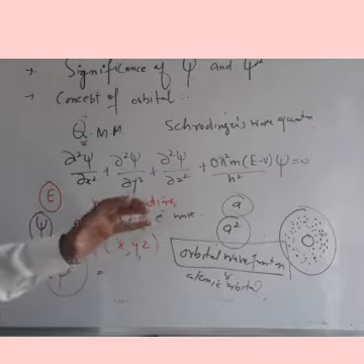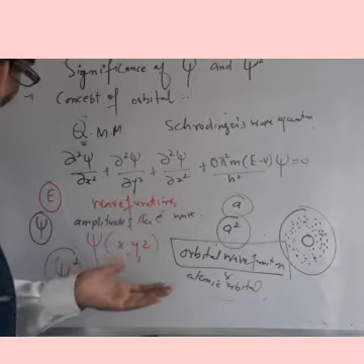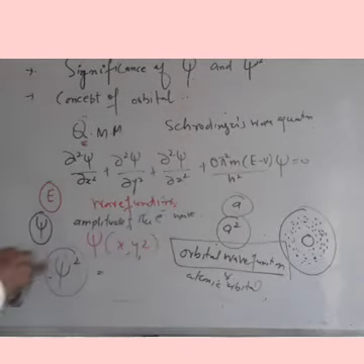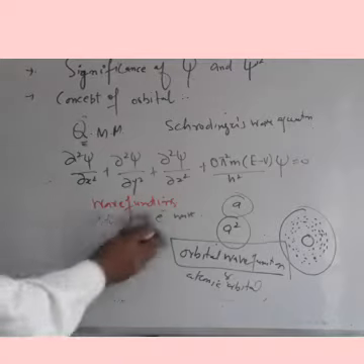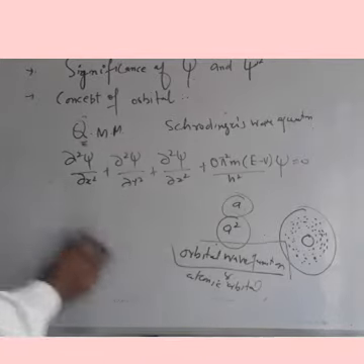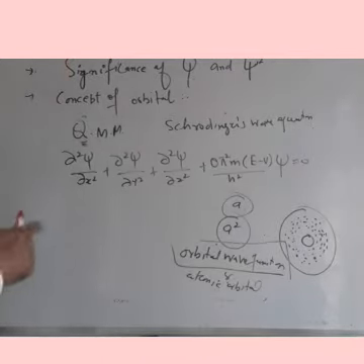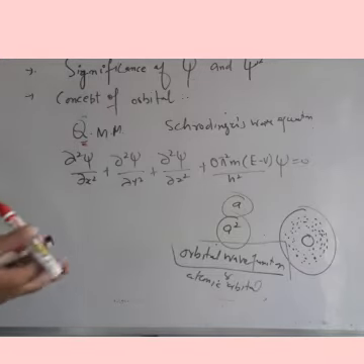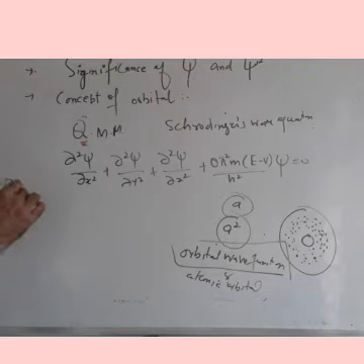Now we can define in simple terms what is atomic orbital. जो नया concept है यहाँ पर इस wave mechanical model का, जिस तरह बोहर्स मॉडल में ऑर्बिट का concept था, यहाँ ऑर्बिटल का concept है, atomic orbital का concept.